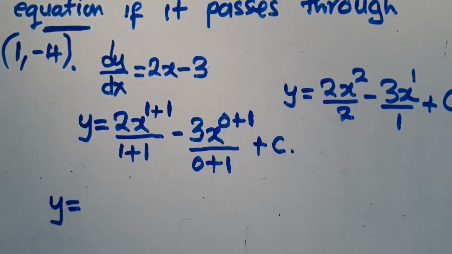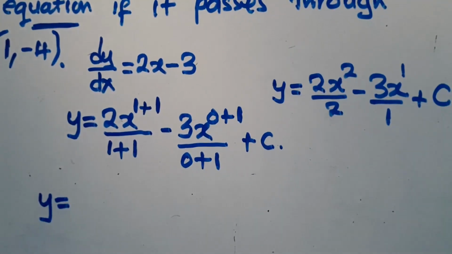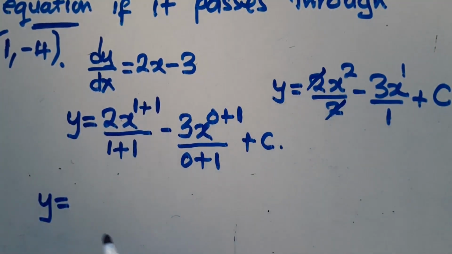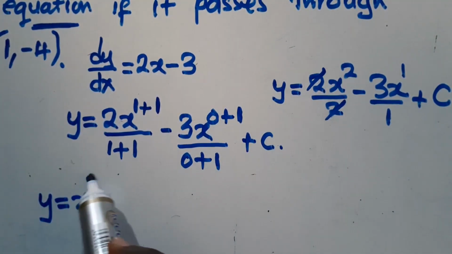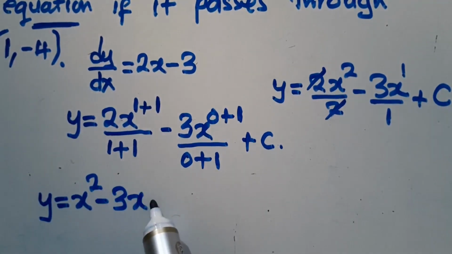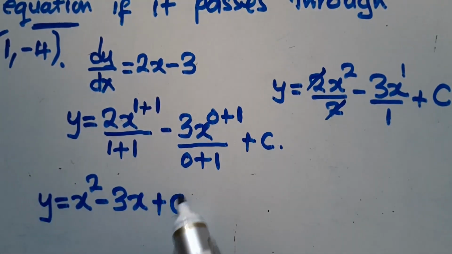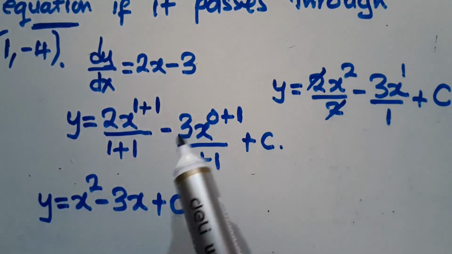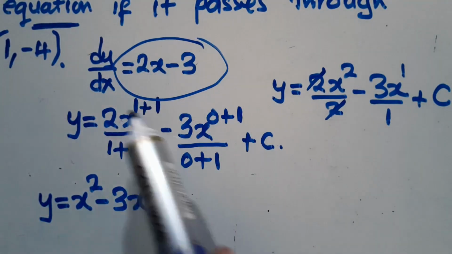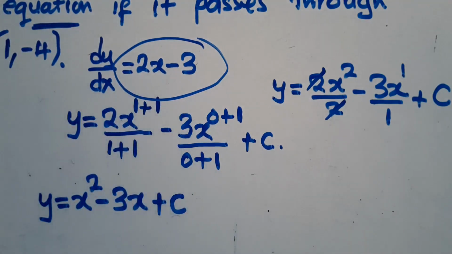Here you know that this 2 and that 2 will cancel out. So you are going to have x squared minus 3x plus c. This is what we formed. So we have integrated the gradient function that we were given, and this is the answer that you get.